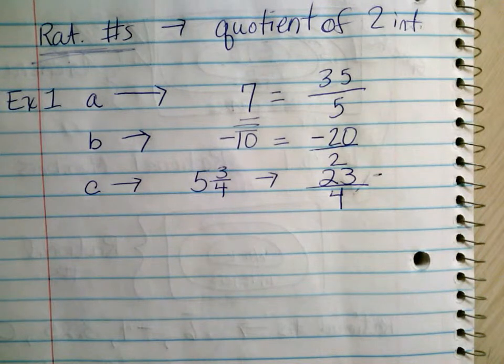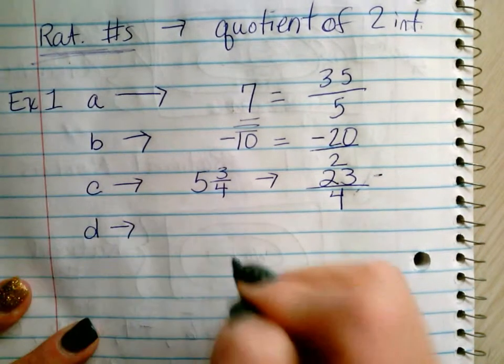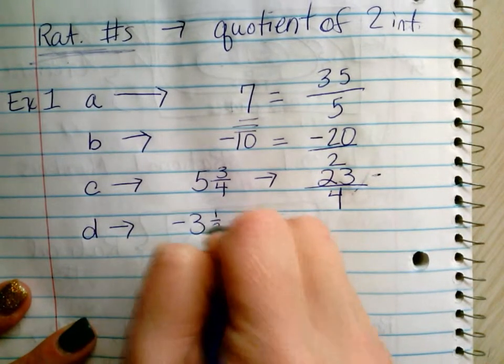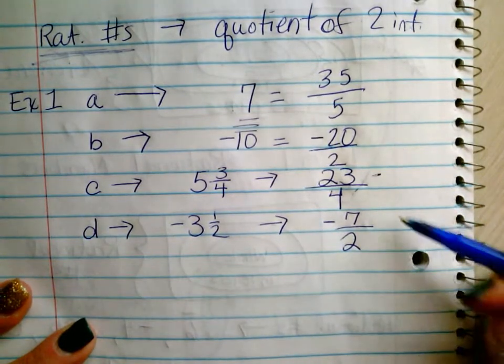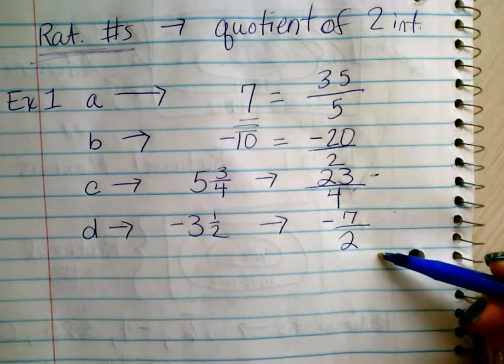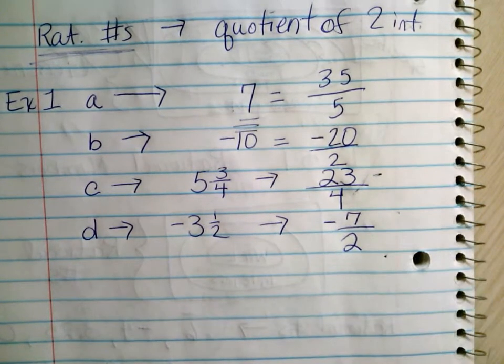Okay? D, another fraction, which is super easy. -3.5, convert it to an improper fraction. That improper fraction includes integers. Okay? So by definition, we have just determined that all of these numbers fit the bucket rational.